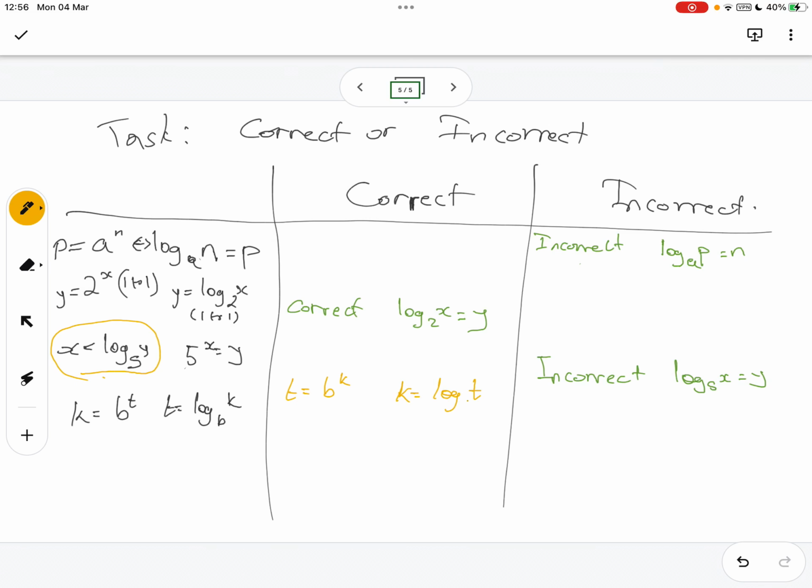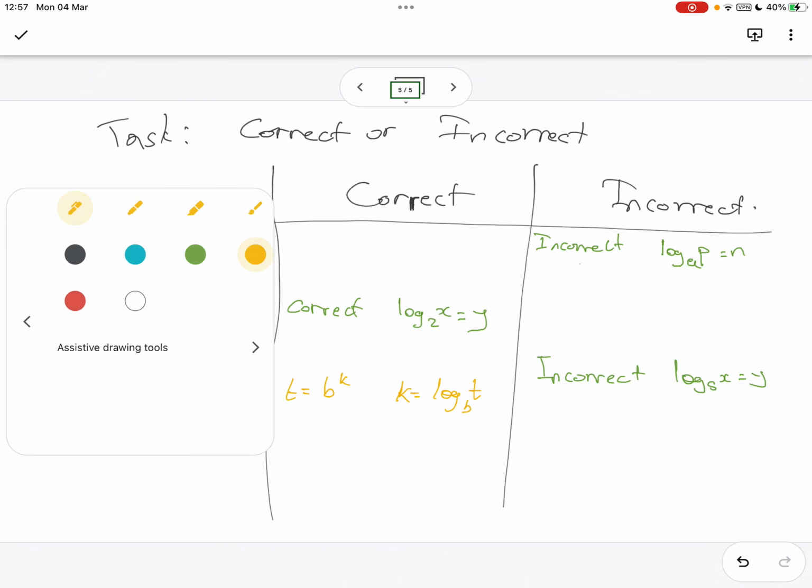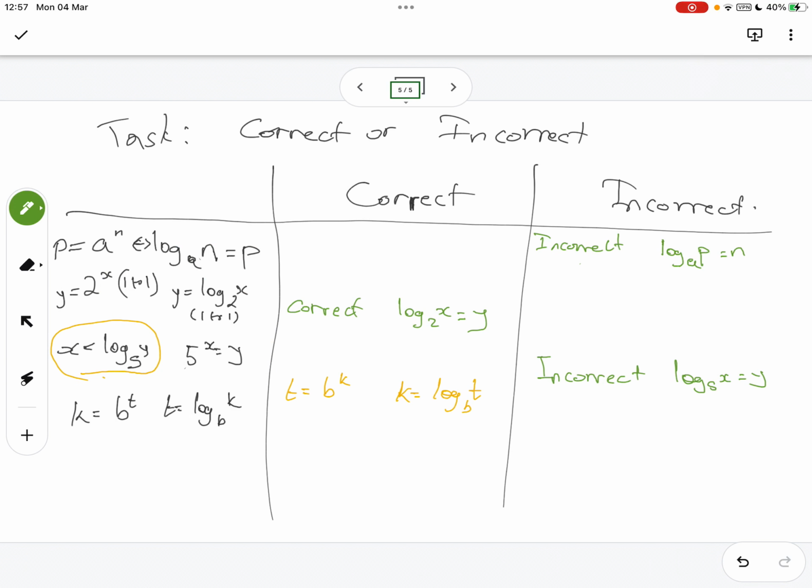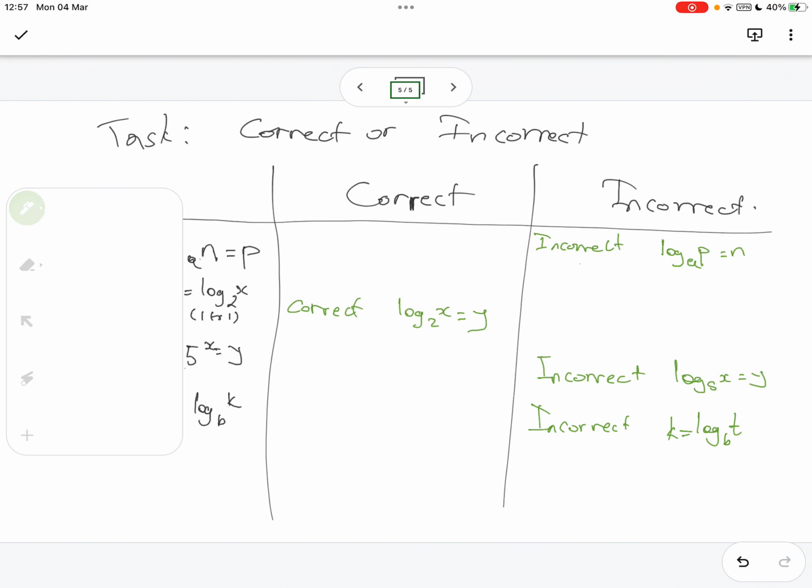Then we make k the subject of the formula. That is k equals log of t to base b. So that makes that one incorrect? Wrong. Incorrect. The correct form is k equals log t base b.